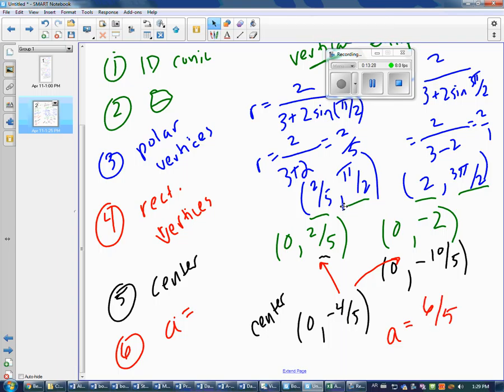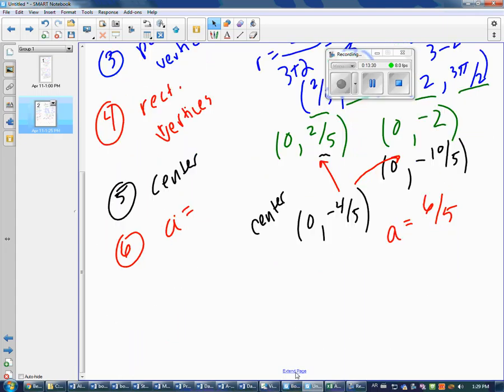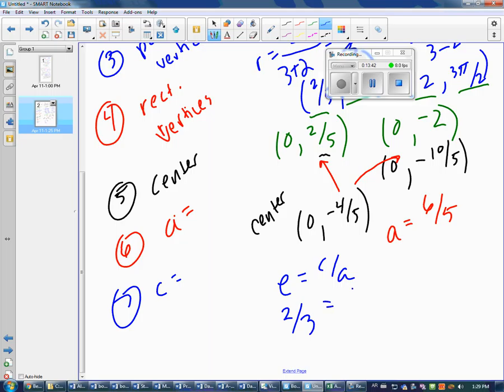Once you have your A value, then you're going to figure out your C value using your eccentricity. So eccentricity is C over A. From the original equation, we know that the eccentricity is 2/3. And we're going to cross multiply here.